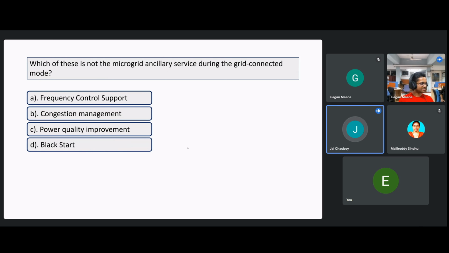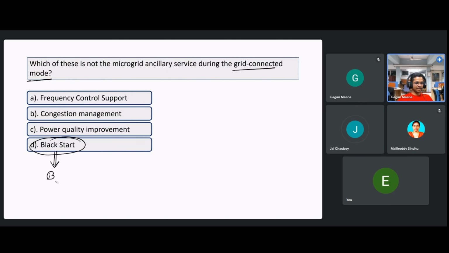Which of these is not a microgrid ancillary service during grid connected mode? Should we black start in grid connected mode?